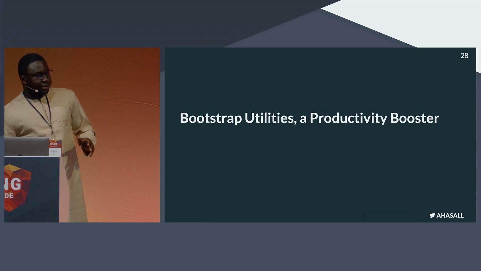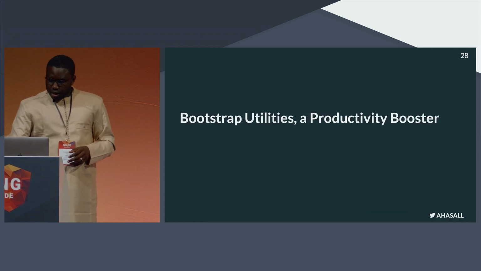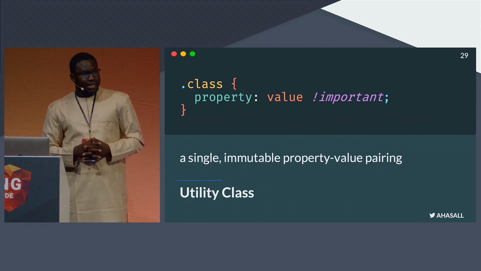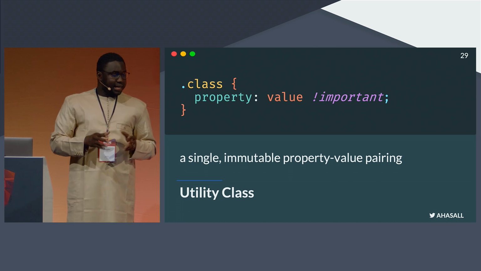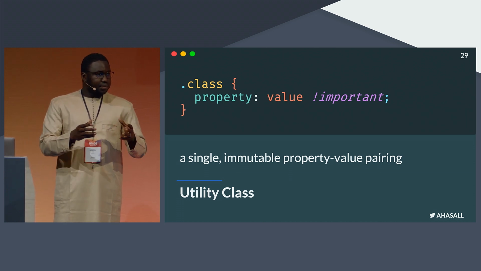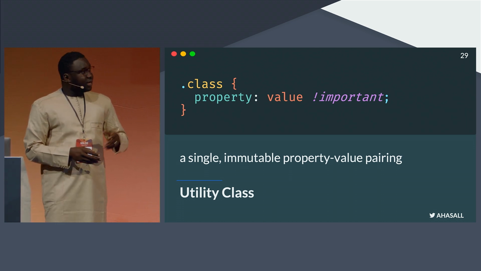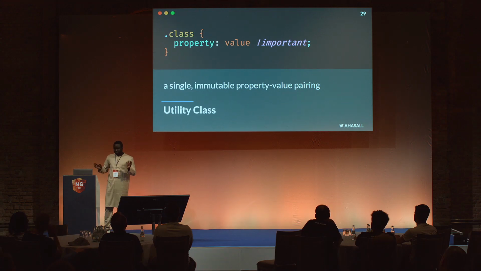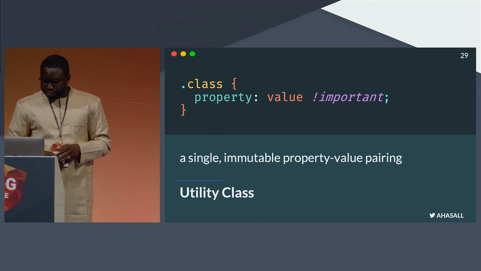Then we have my favorite, Bootstrap Utilities. A utility is a single immutable property value pairing. What does this mean? We have a class, and inside the class, we have a single property with a value. Here I have the important keyword, which may be bad, but I want that whenever I apply this class, it wins. That's why there is important here.